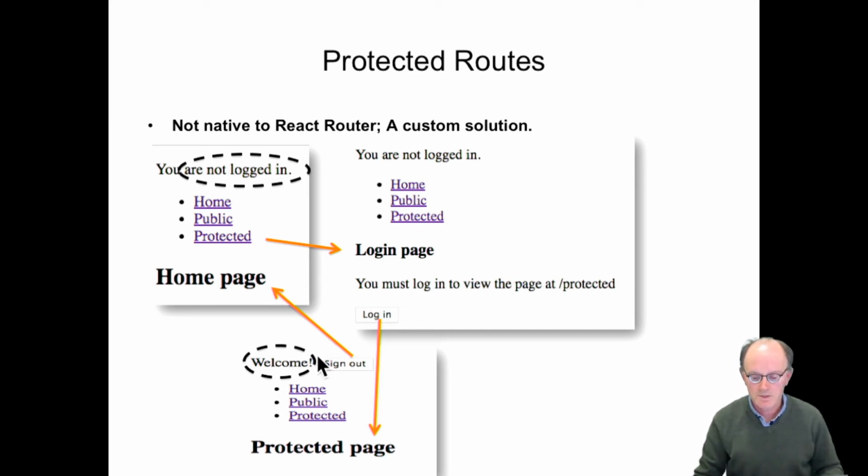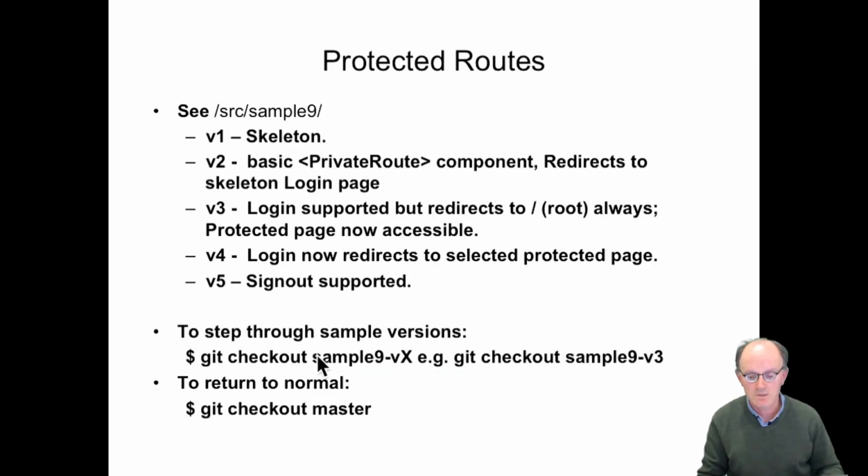So in terms of coding this, there's quite a lot going on. To hopefully help you work your way through understanding it, I've implemented a series of versions of this protected routes implementation, and each one is more functional than the previous version.